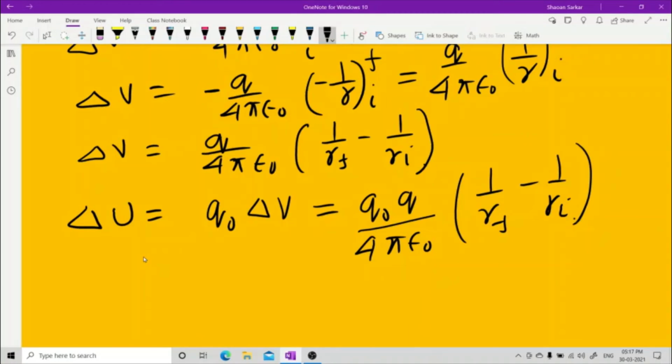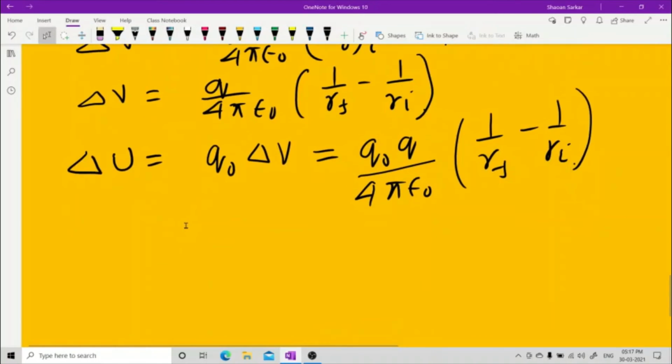Now supposing I have to bring a particle from infinity to the position R. Let us understand this. To bring a charge, a test charge rather, instead of particle, which I was using in gravity, mass and all that.